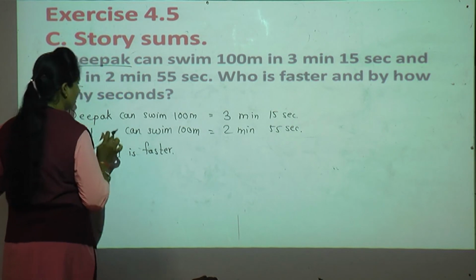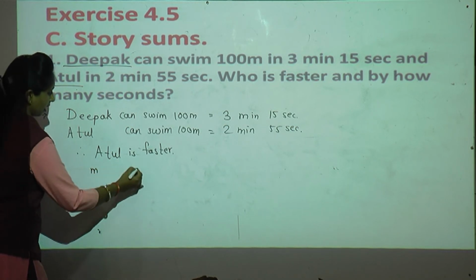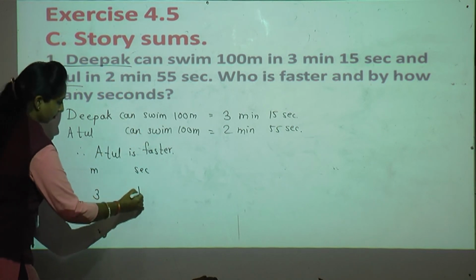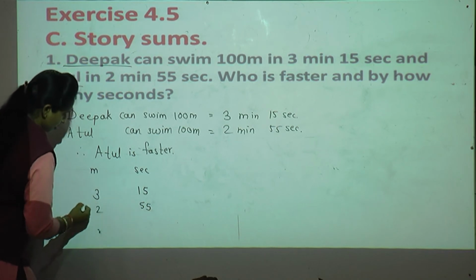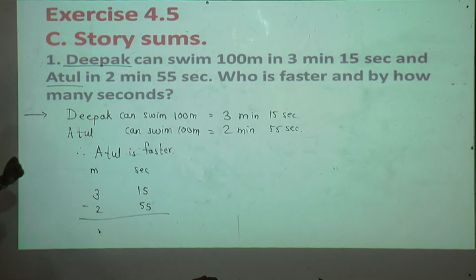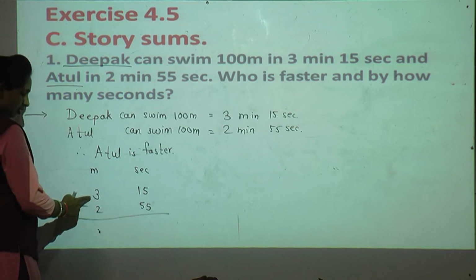Then now we have to find out by how many seconds. Okay, for that we need to subtract minutes and seconds. So 3 minutes 15 seconds minus 2 minutes 55 seconds. Subtraction. Now 15 minus 55 we can't do, so we have to take 1 minute from this 3.